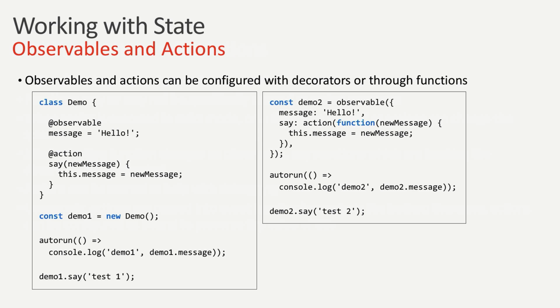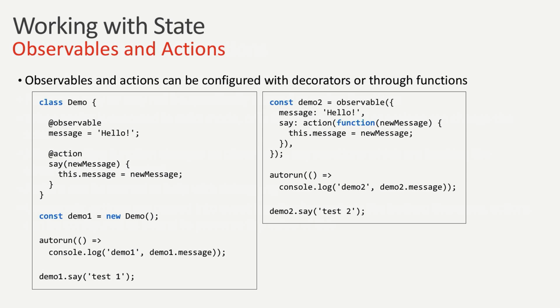So take a look at this here. Observables and actions can be configured with decorators or through functions. So we have our class demo with our @observable and @action. And so what will happen now is we can create a new instance of demo. We can call autorun and actually reference message. And then when we come in and say demo1.say test1, it's going to actually update message, which will then trigger the function registered with autorun to actually execute.